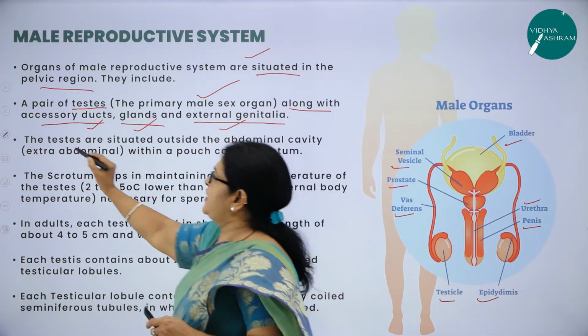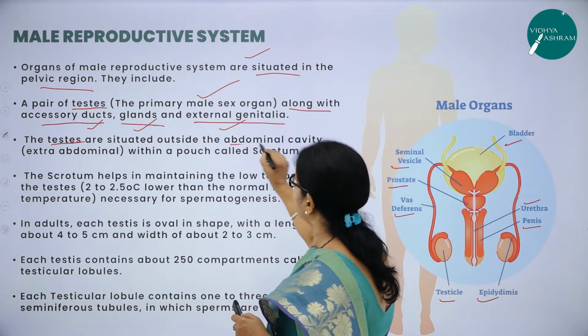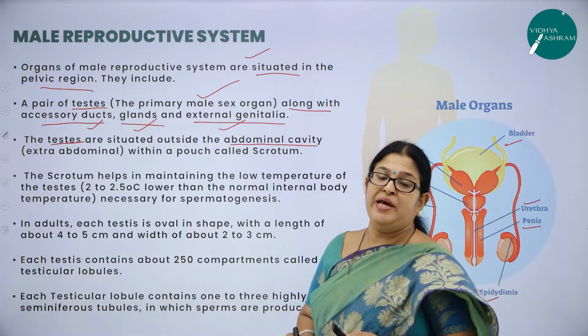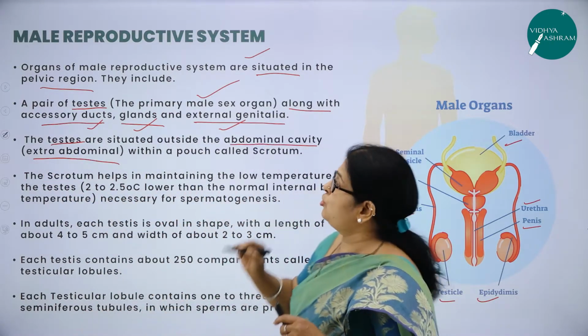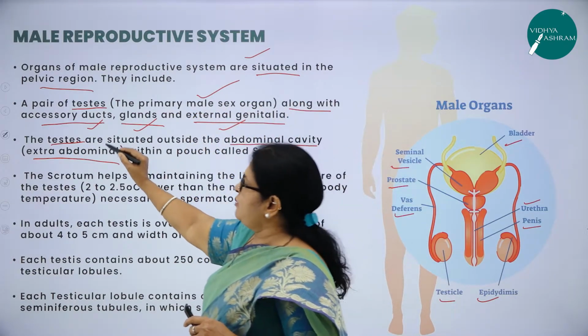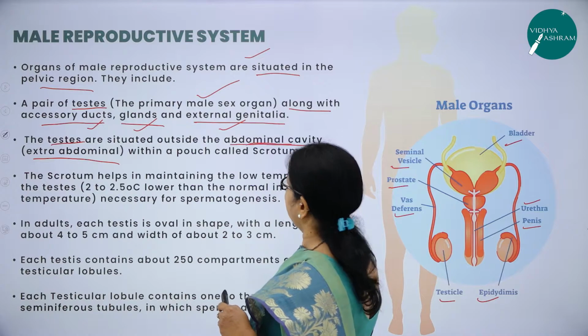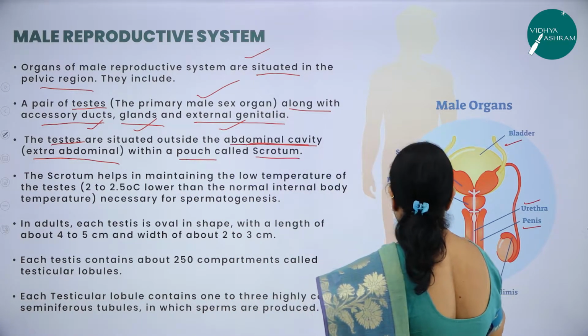Now let us see where actually the testis is situated. Testis is situated outside the abdominal cavity. Hence we use a word called extra-abdominal. The whole reproductive system is situated in the pelvic region, but a pair of testes is situated outside the abdominal cavity within a pouch called scrotum. So this is a scrotum.